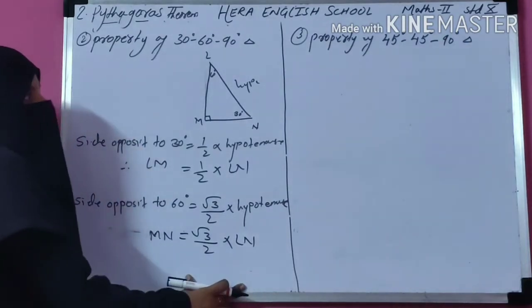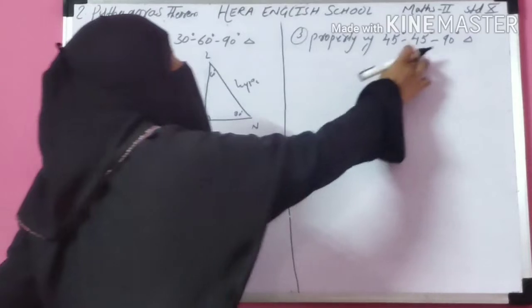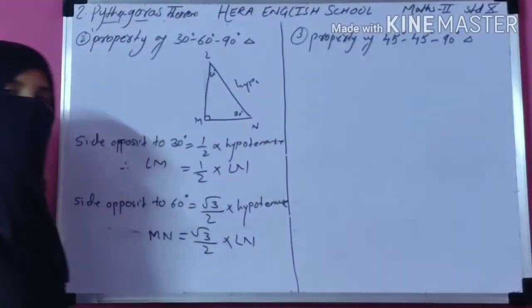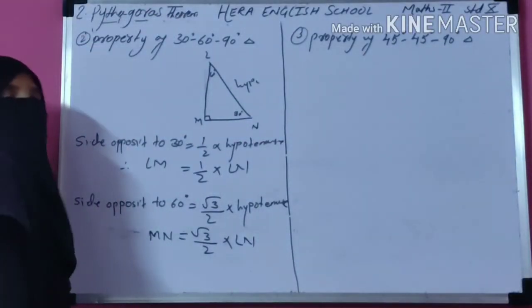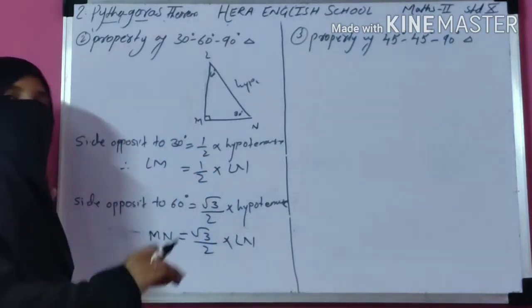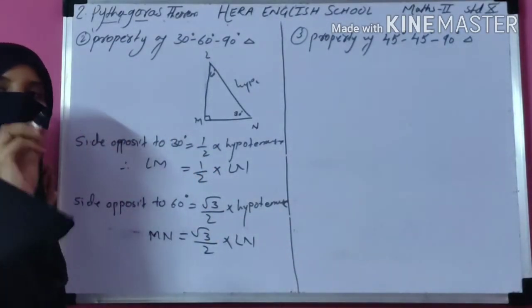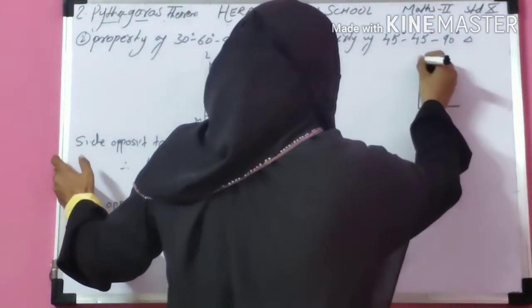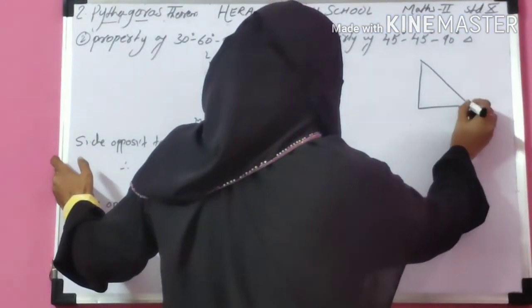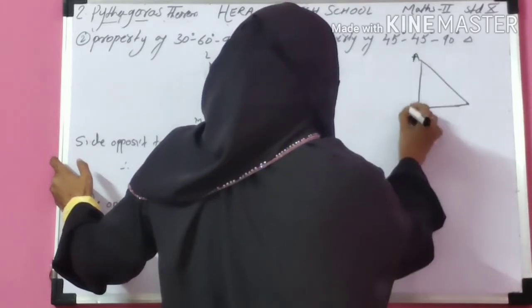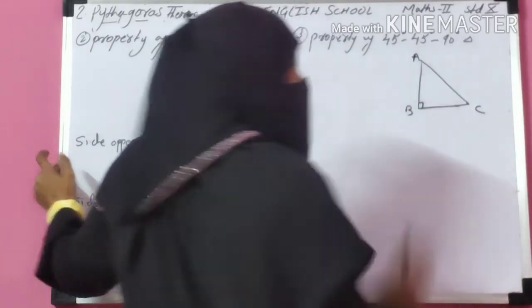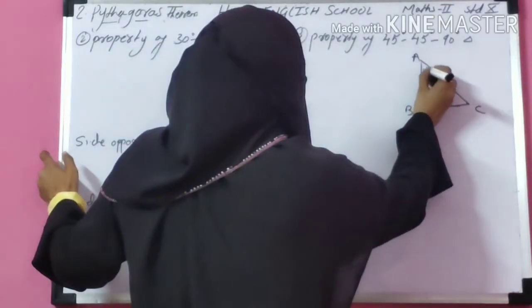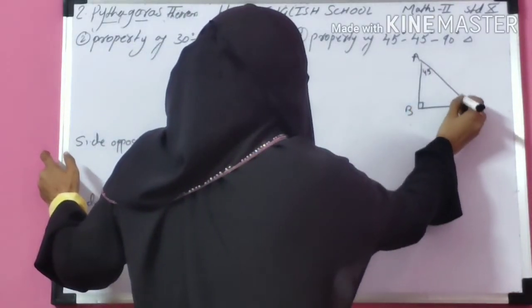Okay. Now the next is the property of the 45, 45, 90 triangle. That means if in your triangle two angles are 45 and one angle is 90, suppose here the triangle is ABC. This angle B is 90 degree and angle A and angle C are 45 degree.